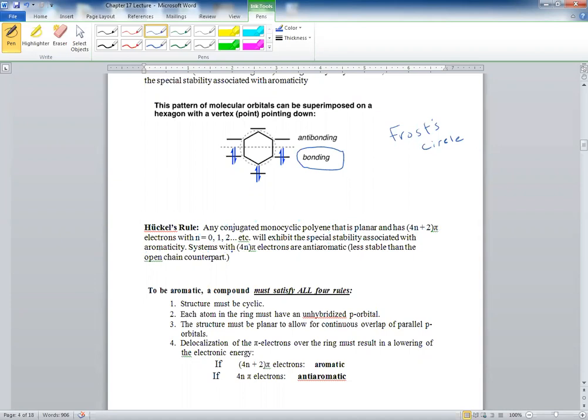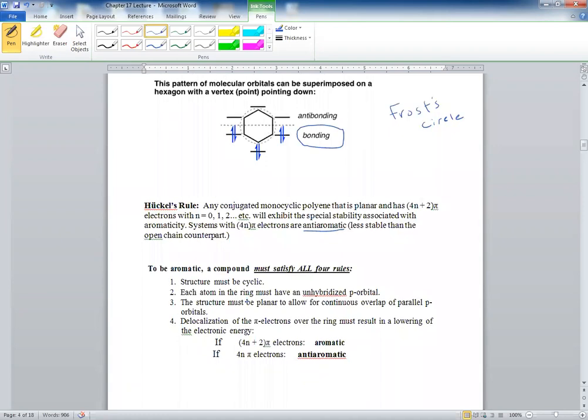However, systems with 4n pi electrons are anti-aromatic, and they are less stable than open chain counterparts. So these are the least stable, and the aromatics would be the most stable.